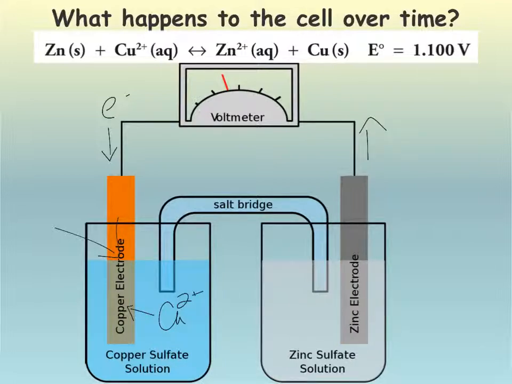And we also know that over time, the zinc is going into solution as it gives up 2 electrons. So we're getting copper 2 pluses removed, and we're getting zincs added. Copper 2 plus is definitely a reactant, so we're losing reactants, and then we're making more of the Zn2 pluses, which is a product.